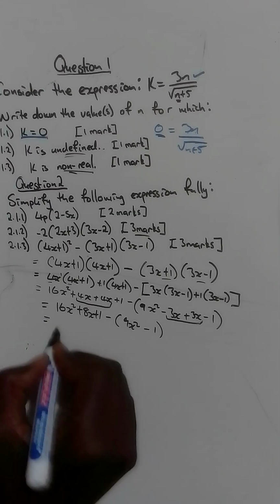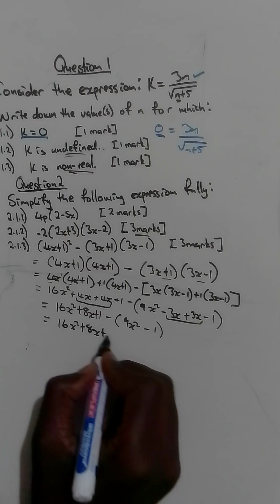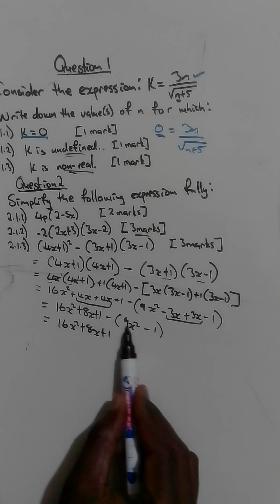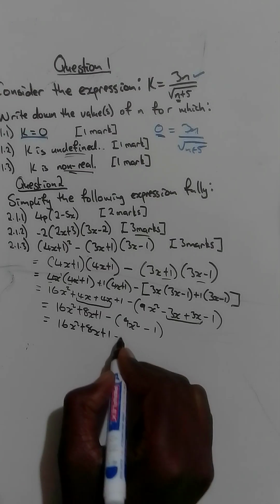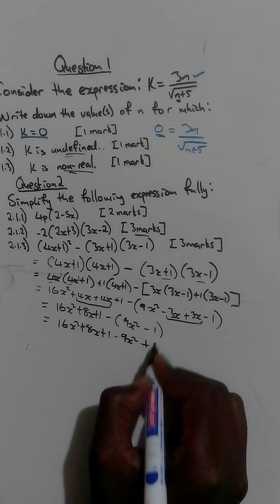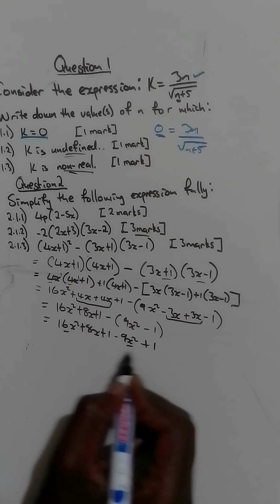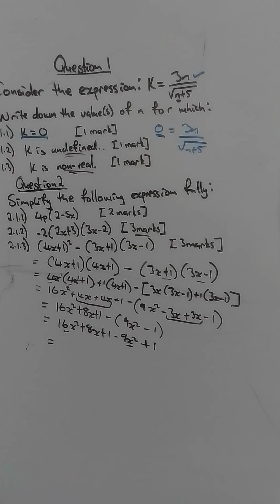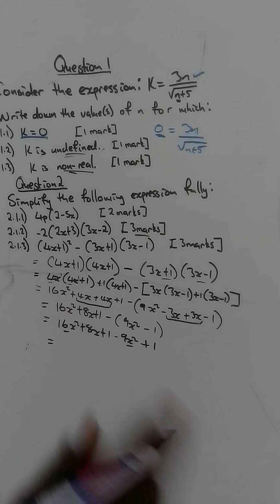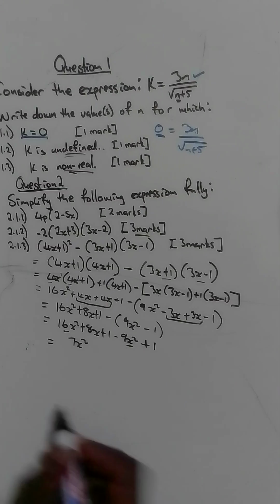Now that we know the product, we're going to rewrite 16x squared plus 8x plus 1. Then this negative multiply with this positive, which gives us a negative 9x squared. Negative times negative, which gives us a positive 1. Now, these two are like terms, 16x squared minus 9x squared. When we do that, it gives us 7x squared. 16 minus 9, it gives us 7x squared.